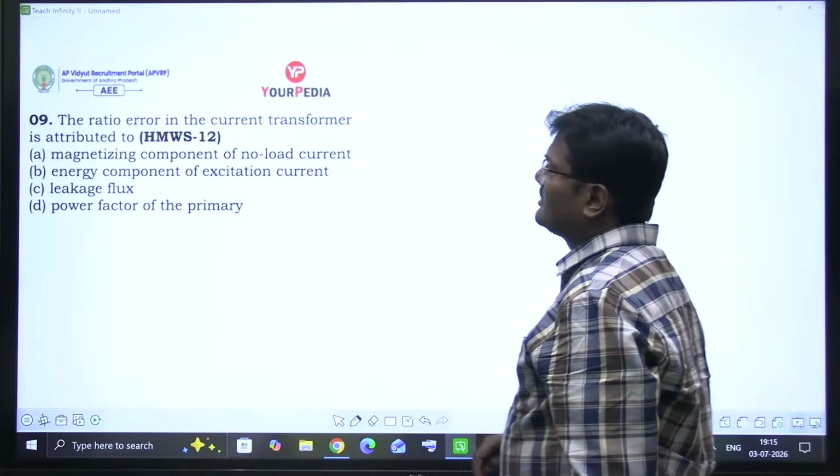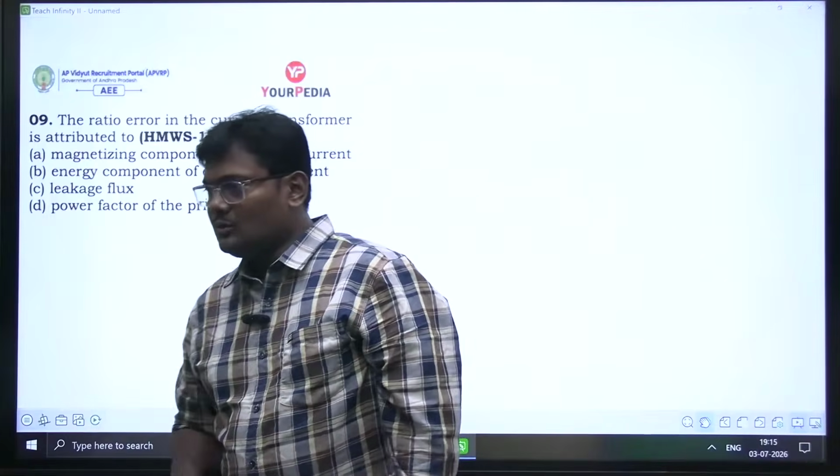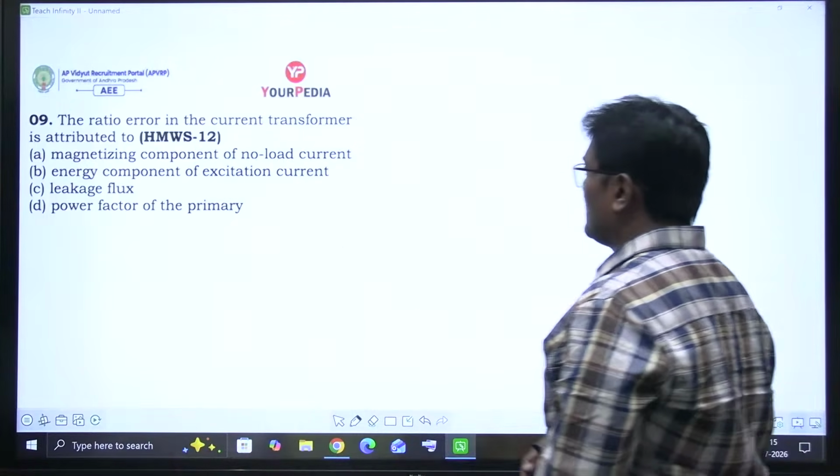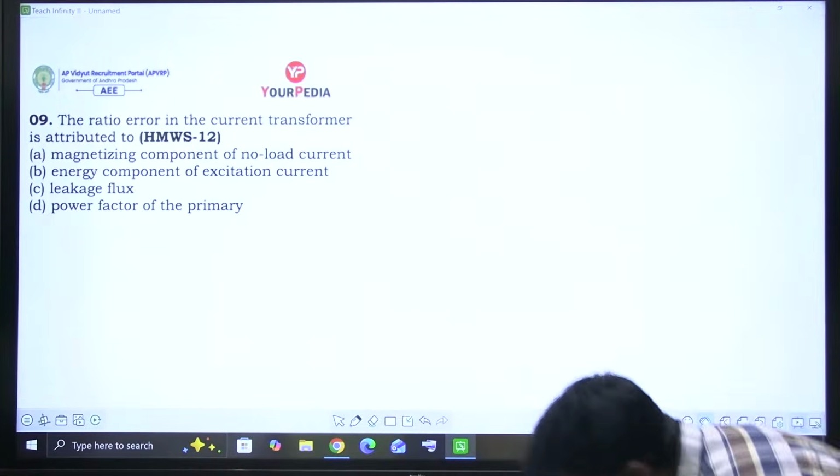The ratio error in the current transformer is attributed to what? What is the ratio error formula?